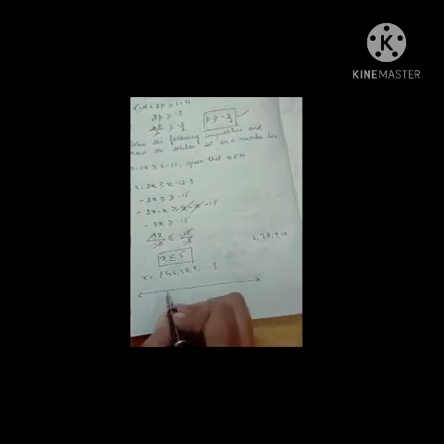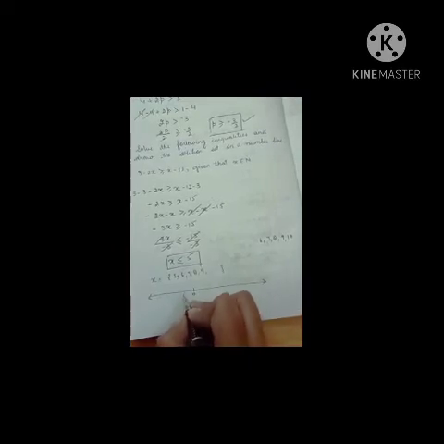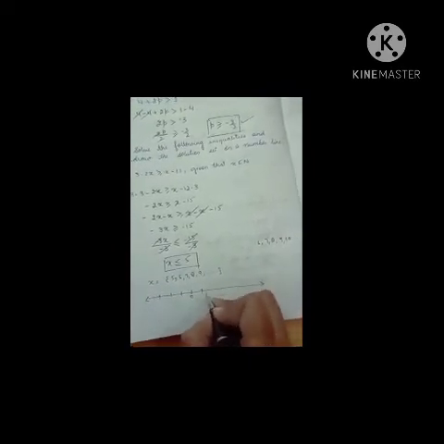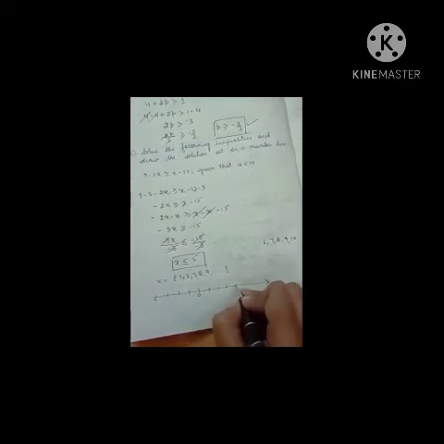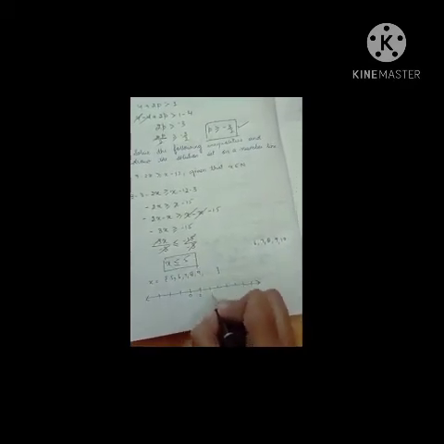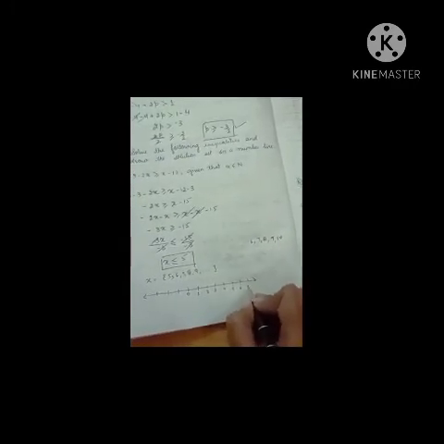So let's make a number line. Here I am going to write 0, 1, 2, 3, 4, 5, 6, 7, and -1, -2, -3.